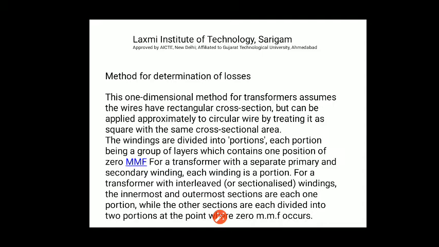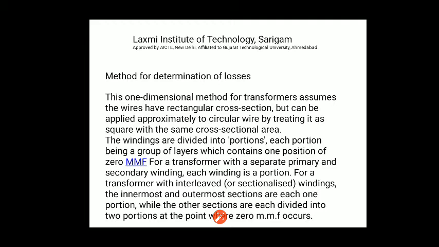This one-dimensional method for the transformer assumes the wires have a rectangular cross-section but can be applied approximately to circular wire by treating it as a square with the same cross-sectional area.